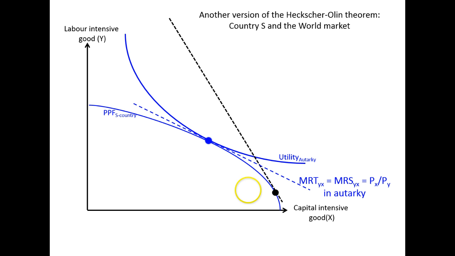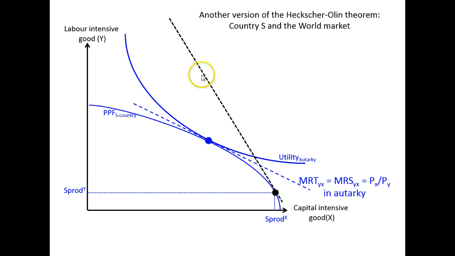So we're going to increase the production of the capital-intense good, and therefore we must reduce the production of the labor-intense good because we don't have resources enough to produce more than this. So the production will be that quantity of the capital-intense good and that quantity of the labor-intense good, which we see is much less than we had originally.